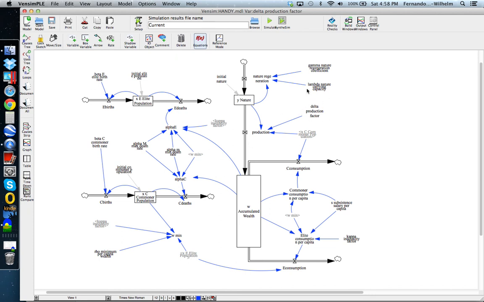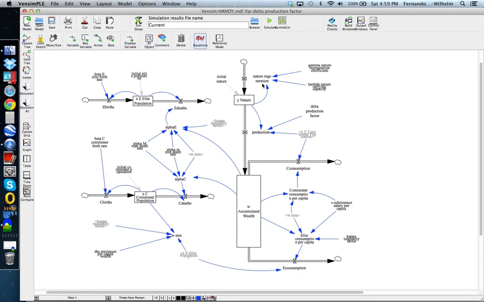The commoners are, in order to produce wealth, to sustain themselves and the elites, the delta is too high, and eventually you drive nature away. You drive it down too fast. It's not able to regenerate at a pace that's fast enough. So you outpace the nature regeneration, and eventually, the whole system collapses.